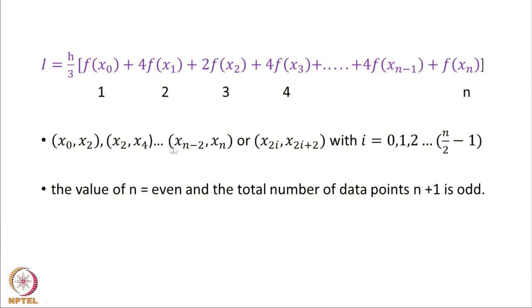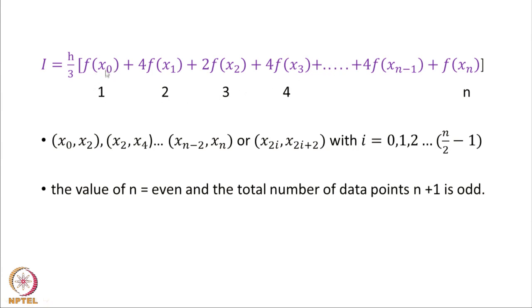You will see that you need an odd number of points to do Simpson's rule. Between points 1 and 3, I will have f(x_0), 4f(x_1). Between 3 and 5, I have f(x_2), 4f(x_3) and 2f(x_4). So it varies like this.